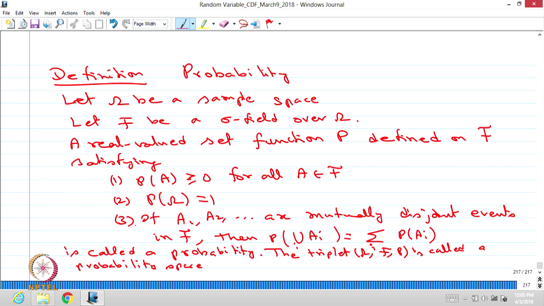There is one more observation. Since P is a set function satisfying the first condition and the third condition, this P is called a measure. You can always define a measure on a non-empty set with a sigma field. We should have a non-empty set omega, and you create a sigma field on it.